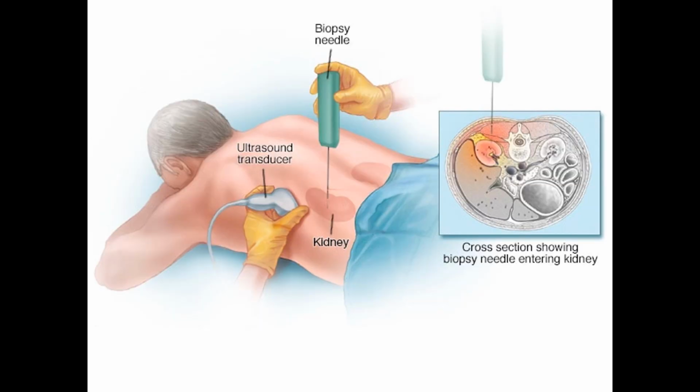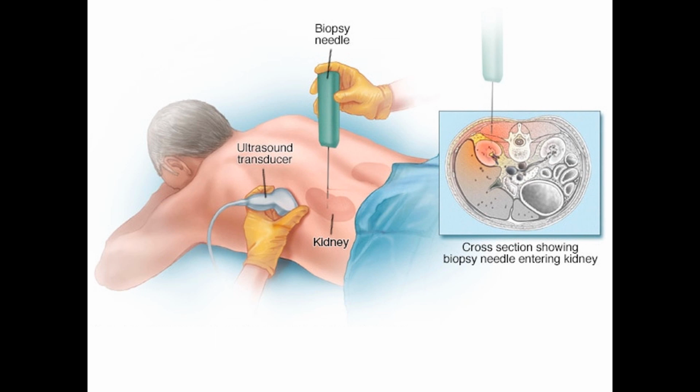This picture shows simply how you take a biopsy from a patient in a prone position, under ultrasound guidance. The ultrasound transducer visualizes the kidney, and then it will visualize your needle as it enters the kidney.